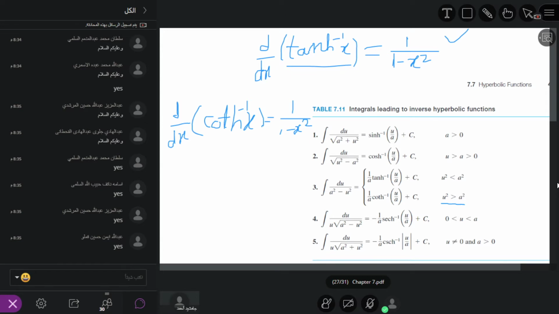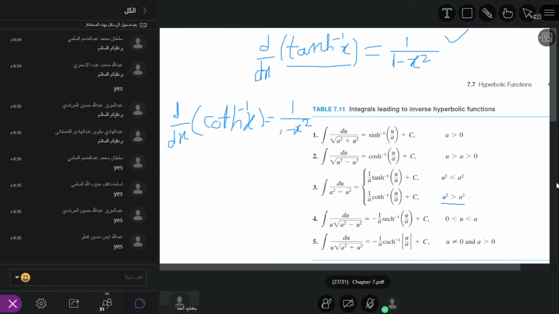with the condition that u square is less than a square. And similarly, the integral of 1 over a square minus u square with respect to u is equal to 1 over a cotangent hyperbolic inverse u over a plus constant, and the main thing is the condition, which is u square is greater than a square.